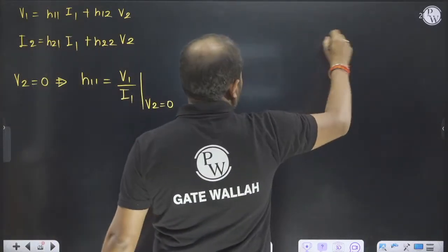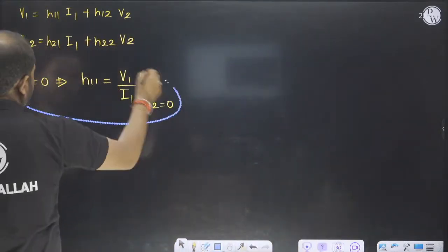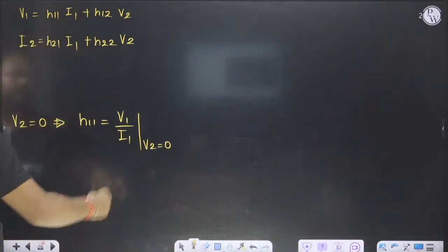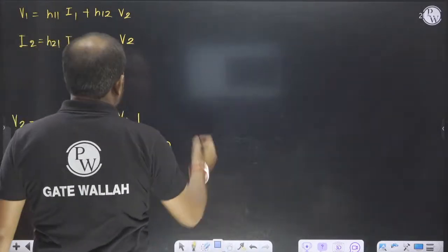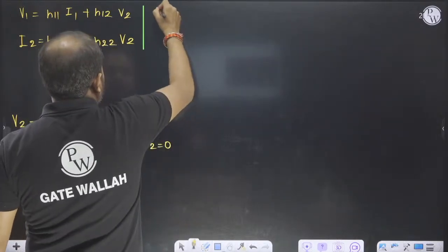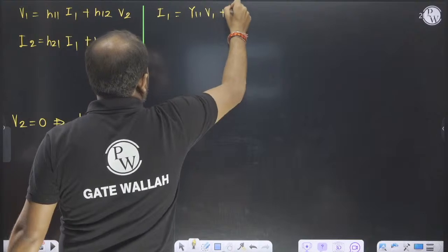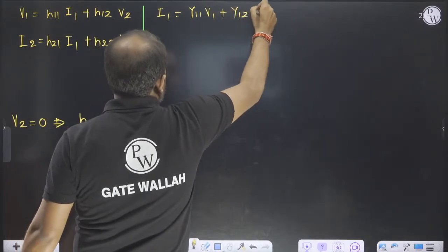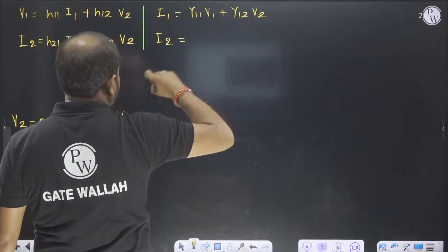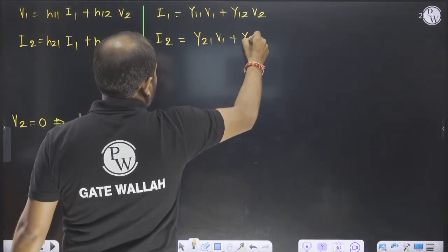I will write the Y parameter and Z parameter here also, so that we can find everything easily. The Y parameter: I1 equals Y11 V1 plus Y12 V2, and I2 equals Y21 V1 plus Y22 V2.